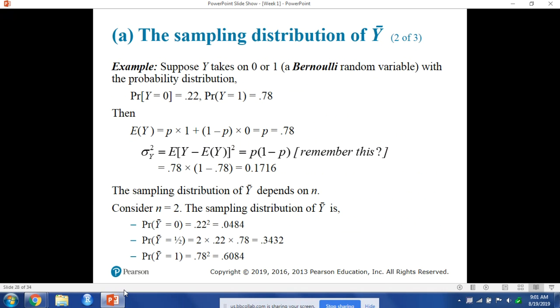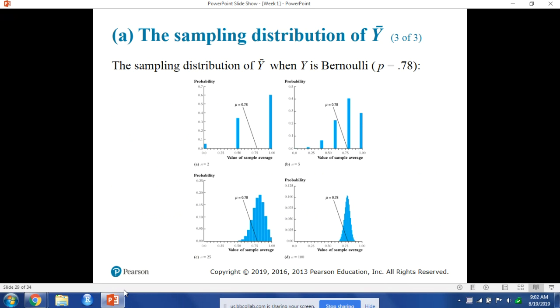We can see that our expectations change as we continue to draw more samples. If we have 100 samples, we get the sampling distribution in figure D, which shows a bell-shaped distribution about the initial expectation of 1, which was 0.78 or 78%.